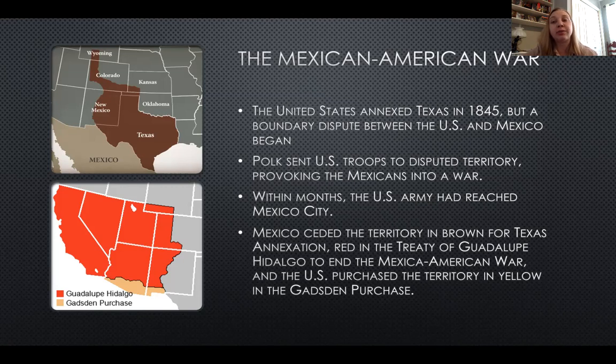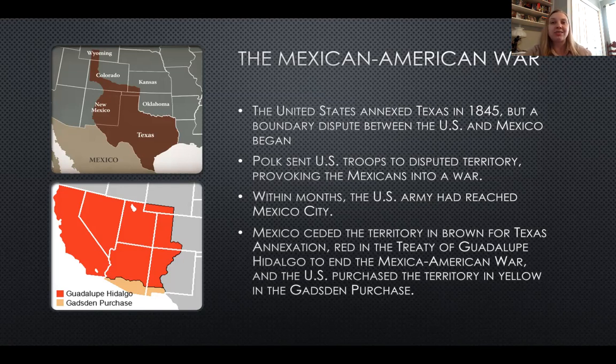The US said it was part of Texas. Mexico said it was not. The US offered to buy the territory. Mexico said no. So James K. Polk sent US troops to this territory, to hold it, to claim it, whatever. Ends up starting a fight with Mexican troops in the area, and that convinces Congress to declare war.